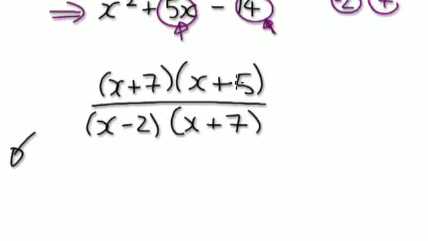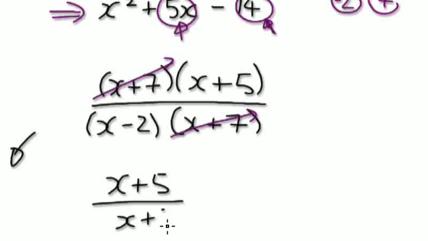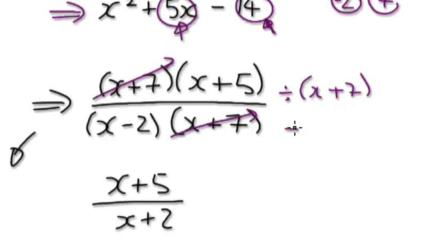Okay, and now these two cancel out. You can visualize it as these two canceling out, or you can think of it as dividing top and bottom by x plus 7.